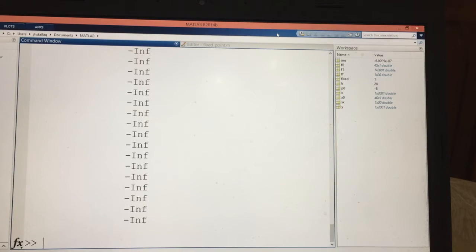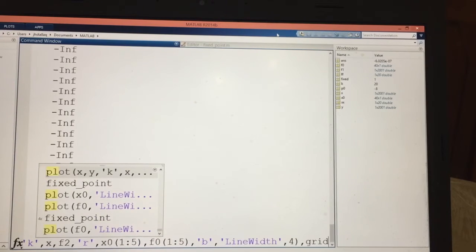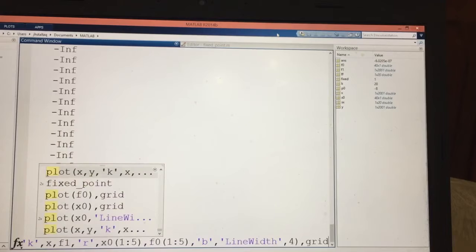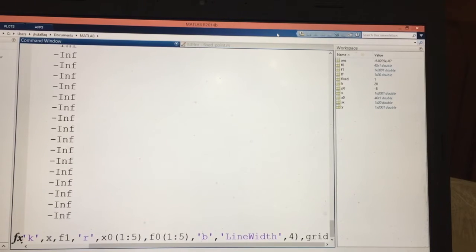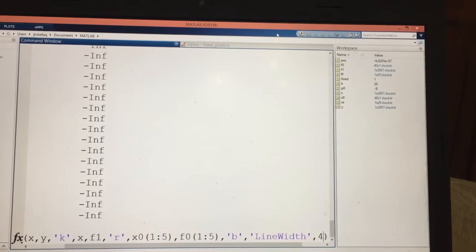We want to draw that and see what happens. So let's plot the same as what we have there. We remember it's f1, not f2. Never mind, that's f1. So we are plotting x and y, x and f1 and x naught. Let's go just 1 to 5, only 5 iterations, and see what happens.